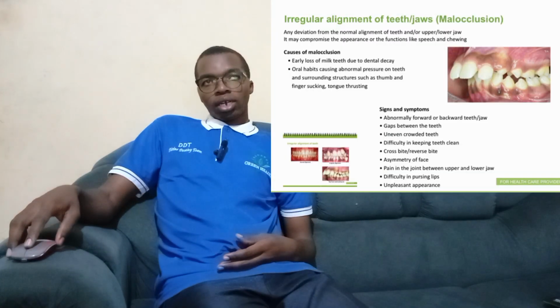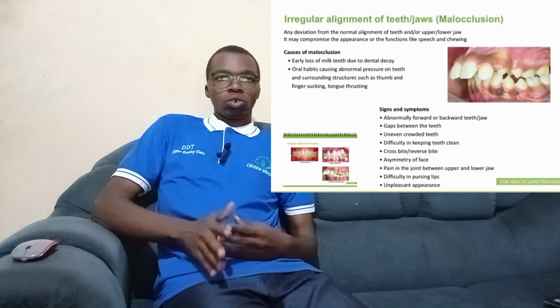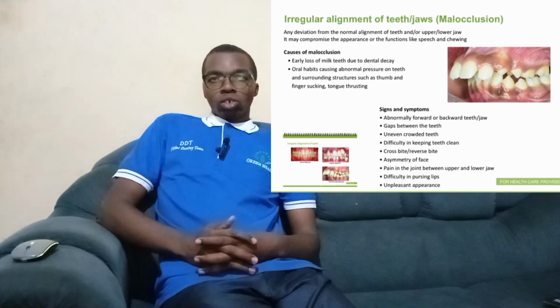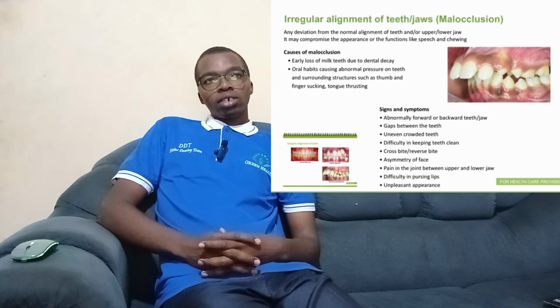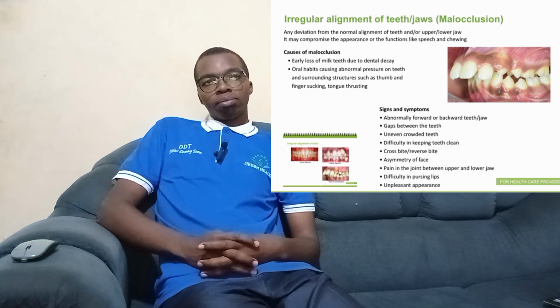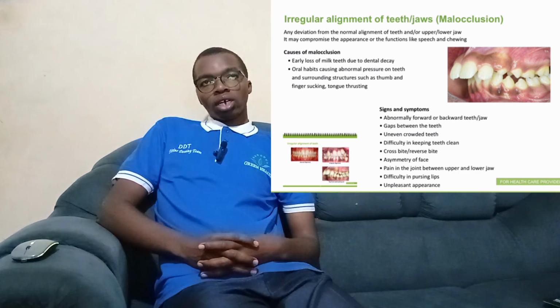Irregular alignment of teeth or jaws is also called malocclusion. Any deviation from the normal alignment of teeth, that is, in upper or lower jaw, may compromise the appearance or the functions like speech and chewing.